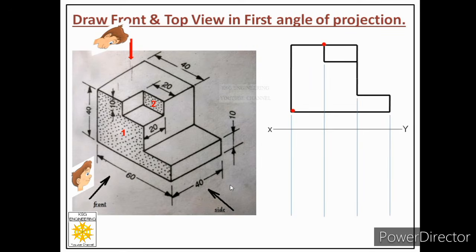So again the rule over here is the same: we have to search how many total faces there are. Again the same number of faces are there. Now out of these faces we have to pick how many are parallel to HP. So you can see face number 5, face number 4 and face number 7 are parallel to HP.